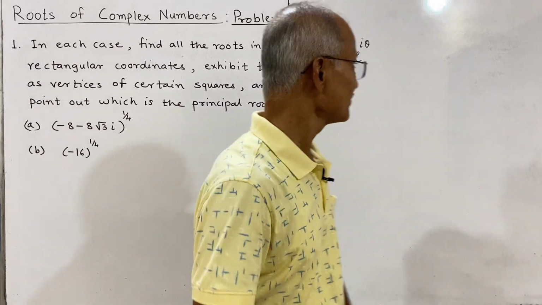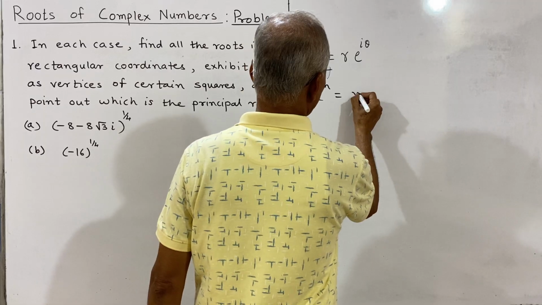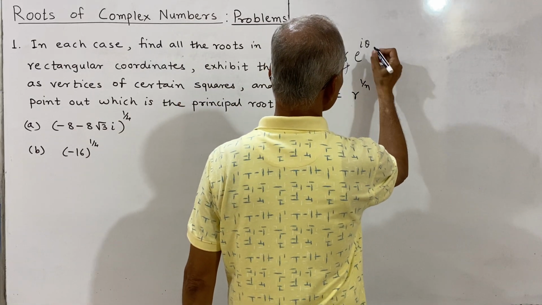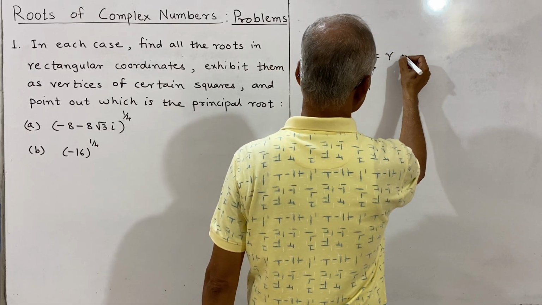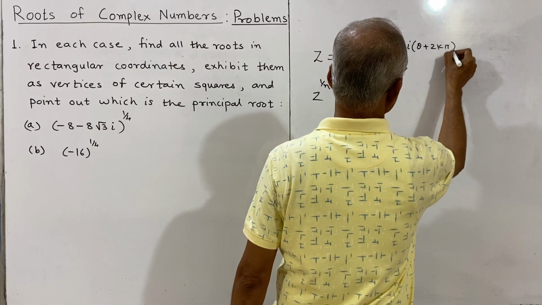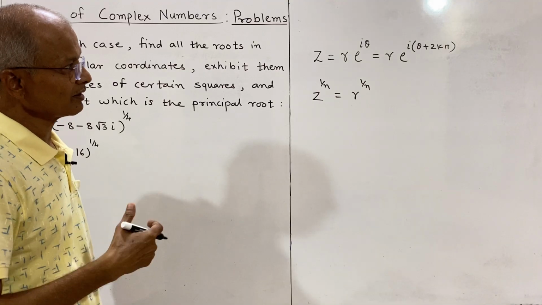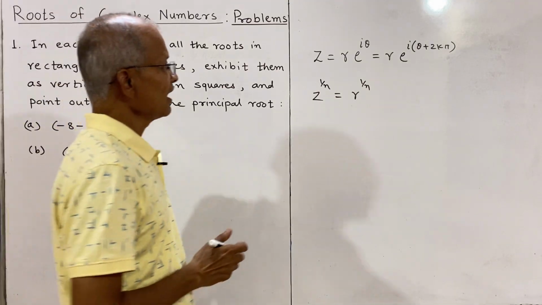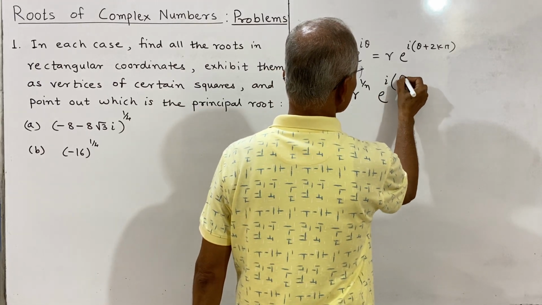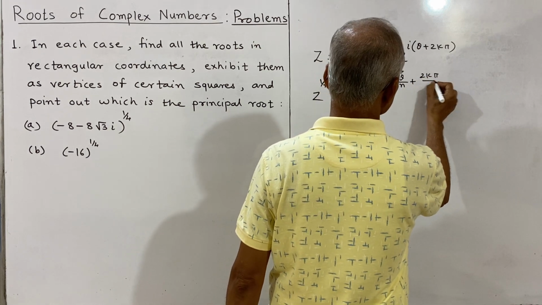Then its nth root is obtained by taking the power 1/n, as r raised to 1/n, and again the periodicity of the argument is to be used: r e^(i(θ + 2kπ)), because the argument may be increased or decreased by a multiple of 2π, and therefore this will become e^(i(θ/n + 2kπ/n)).